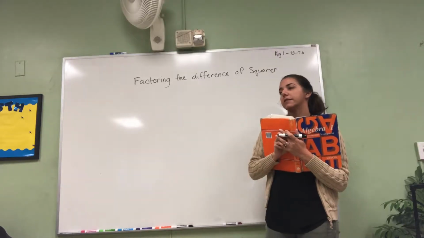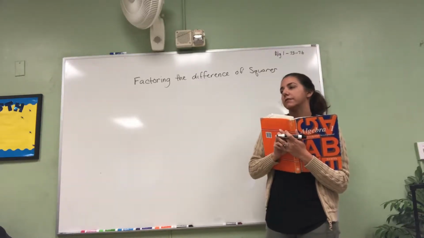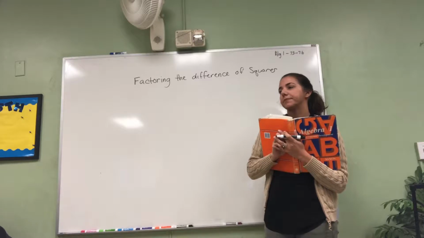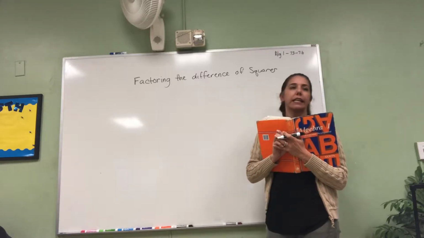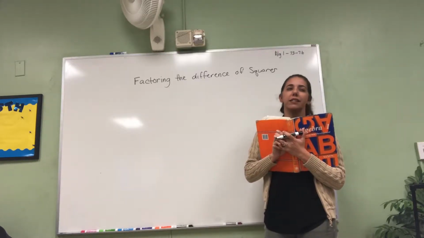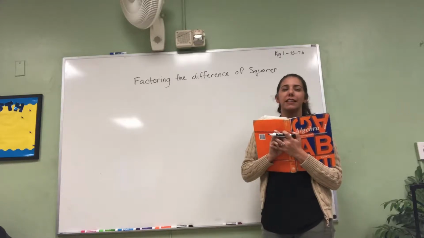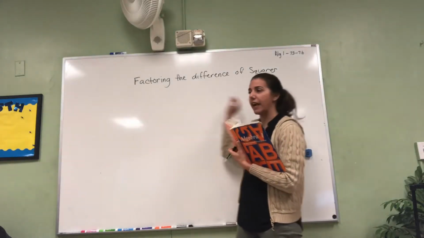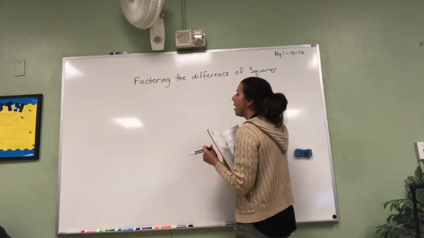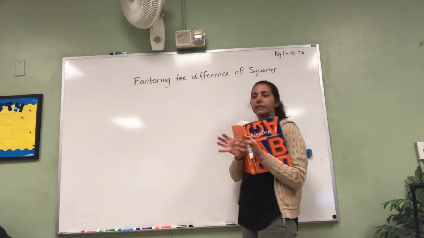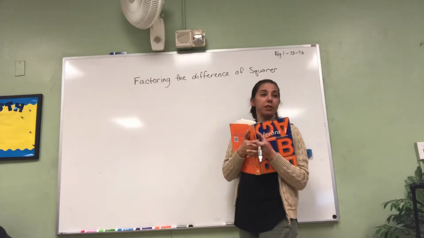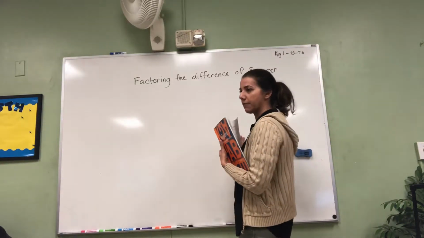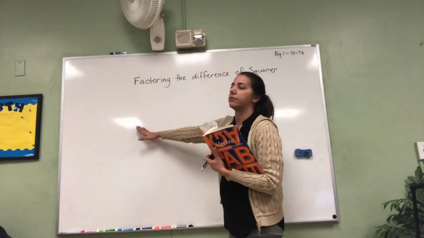Any idea? Maybe dividing. Okay, yeah, factoring is like dividing. You're dividing something out, separating. It's the opposite of multiplying or distributing. Distributing multiplies something in, factoring takes it out.